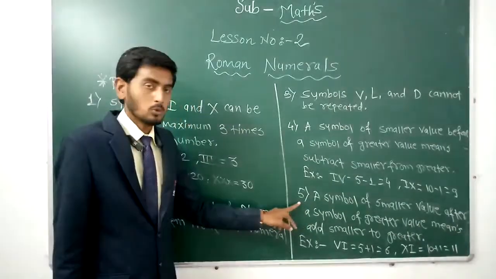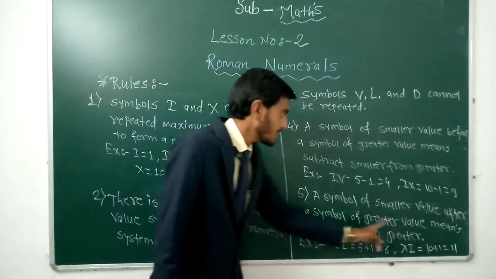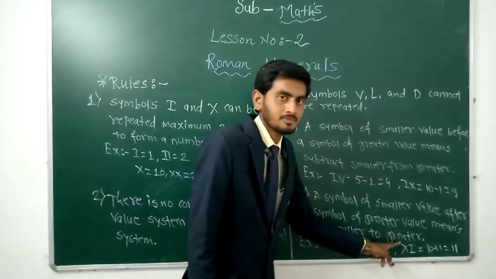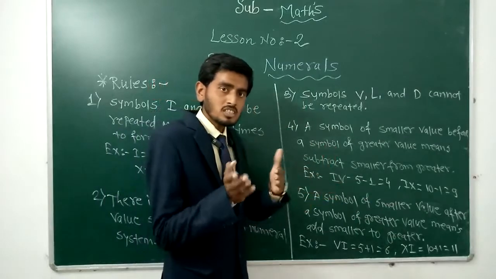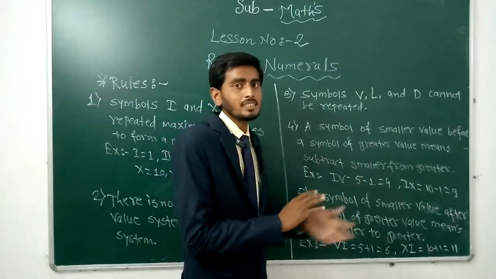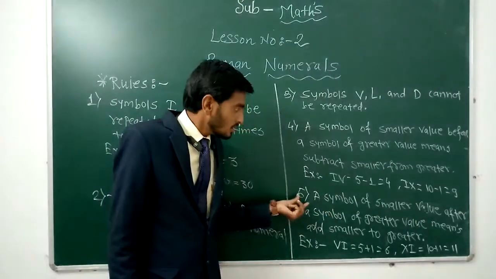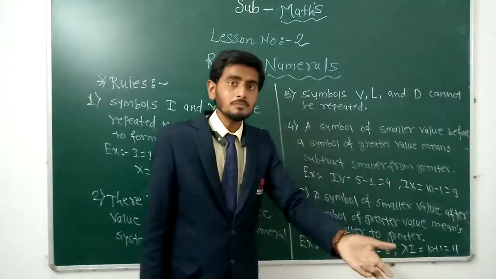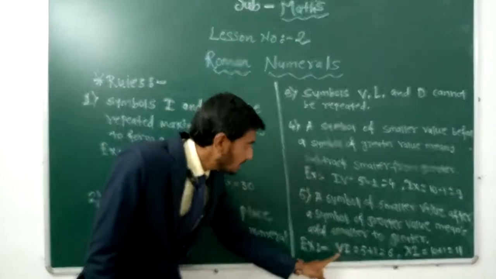Rule number 5. A symbol of smaller value after a symbol of greater value means add the smaller to the greater. In rule number 4, the smaller value is just before the greater value, so we subtract. In rule number 5, the smaller value is just after the greater value. Take one example, VI.